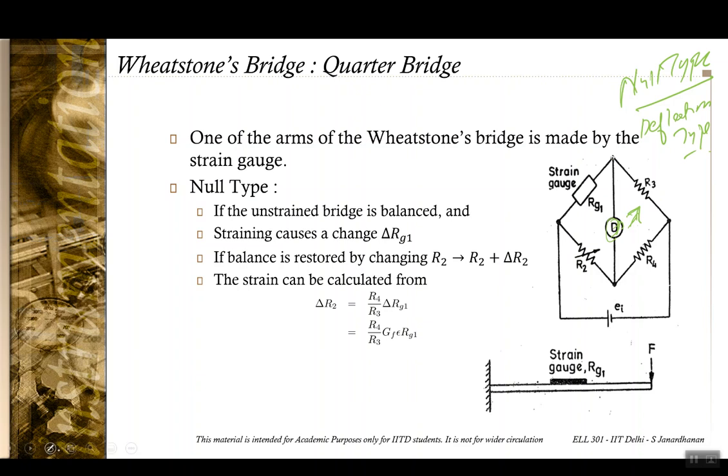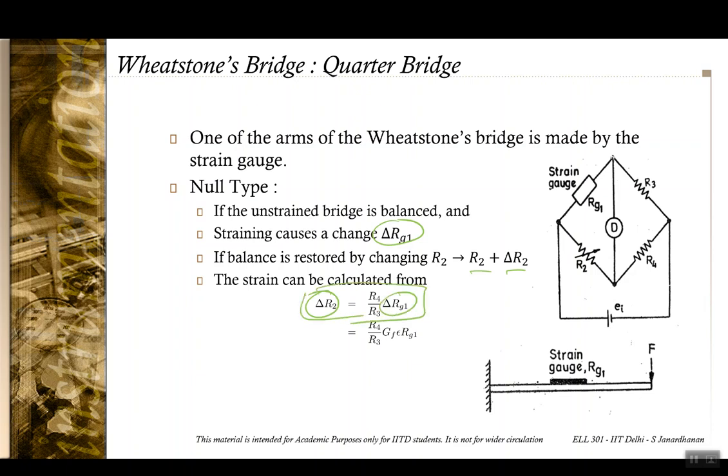Let's first look at the null type bridge. First we assume that the unstrained bridge is balanced and straining causes a change in resistance of delta Rg1. Now if the balance is restored by changing R2 to R2 plus delta R2, we can easily calculate that delta R2 is related to delta Rg1 by this relationship.